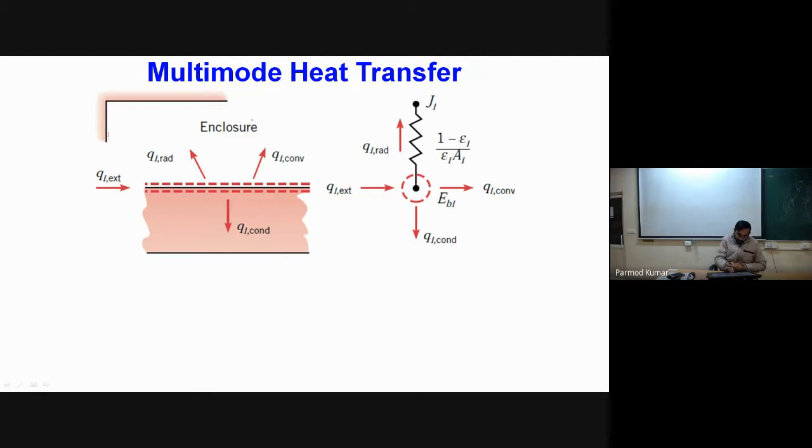So we have an enclosure, and this is one surface of the enclosure, and this surface has some thickness. If it has some thickness, obviously there will be some conduction heat transfer within this thickness of the surface. And say we have some medium over here, and because of that medium we have Q convection heat transfer also associated at the ith surface, and radiation is obviously there, and there is some external heating also of this surface.